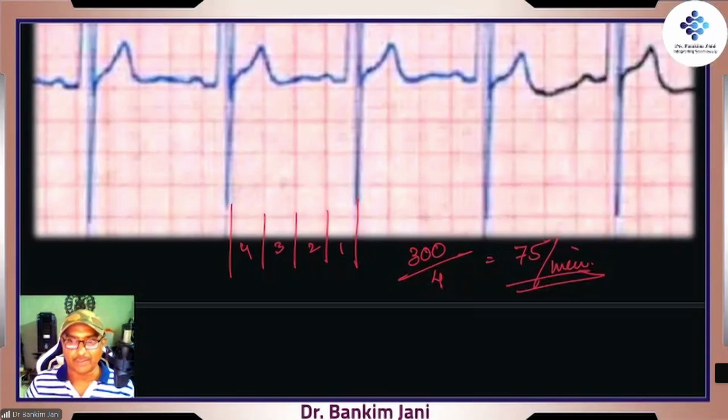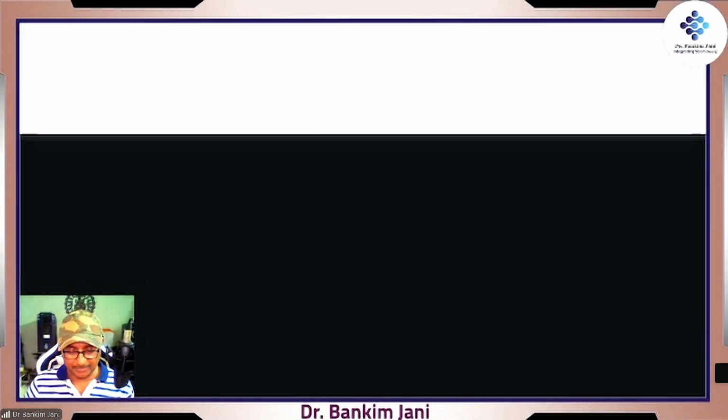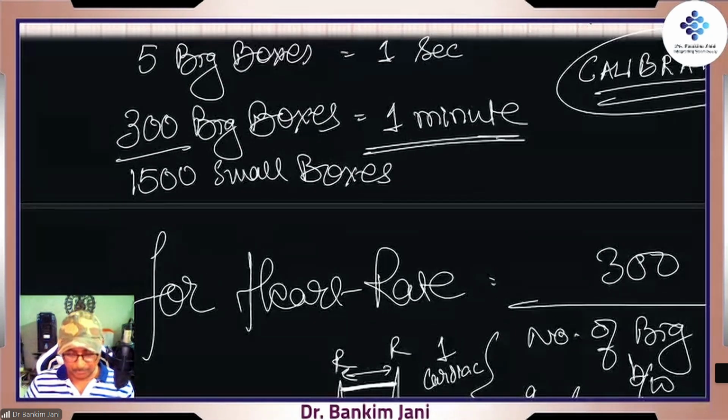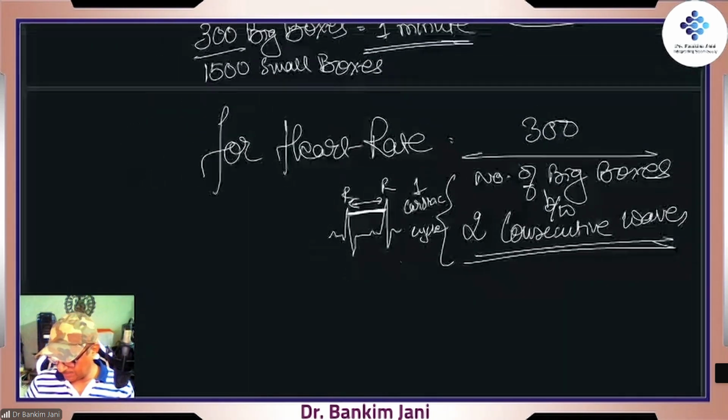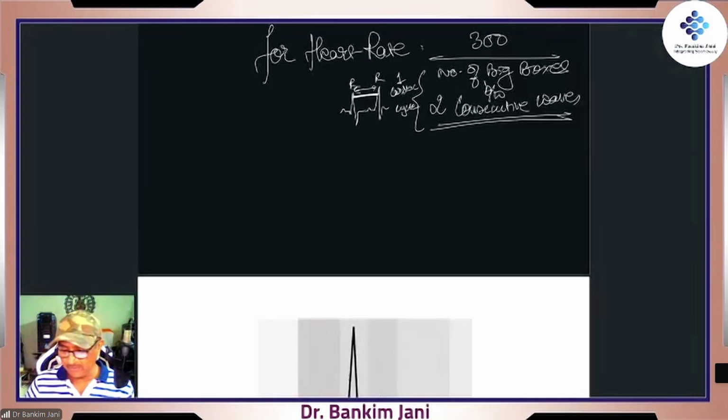But this is not accurate. To make it still more accurate, what if we calculate with small boxes? Then that would be much better. If we use small boxes, we have to make a small change, and that change is very logical.